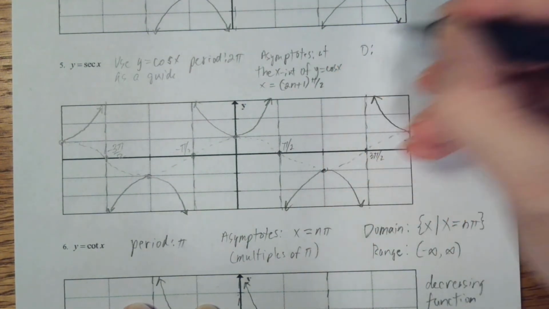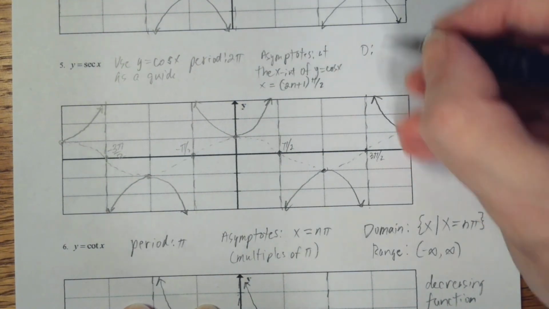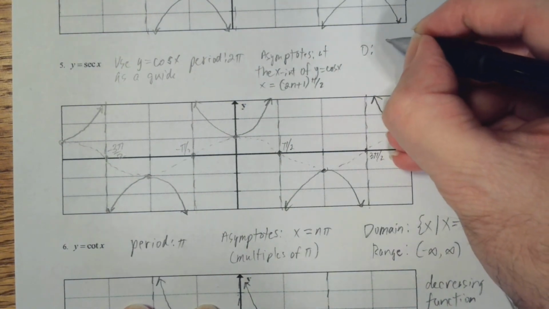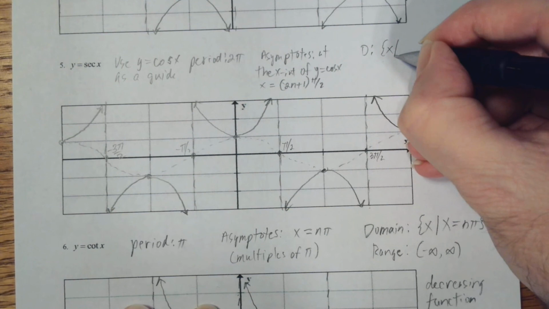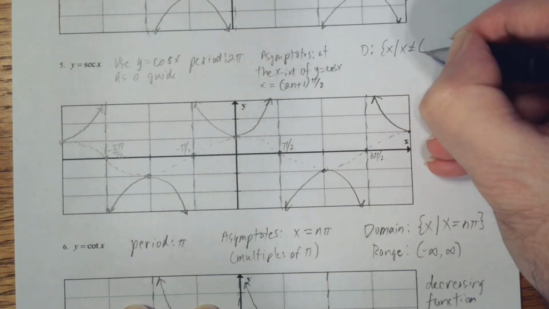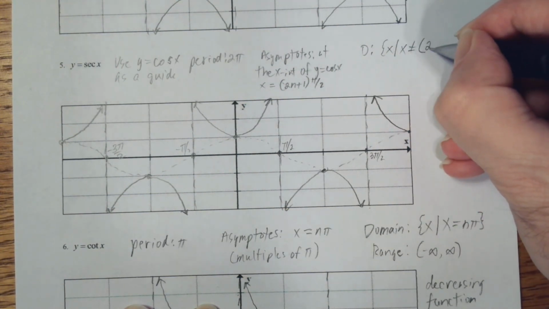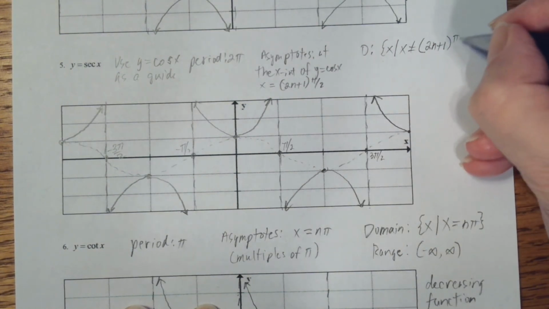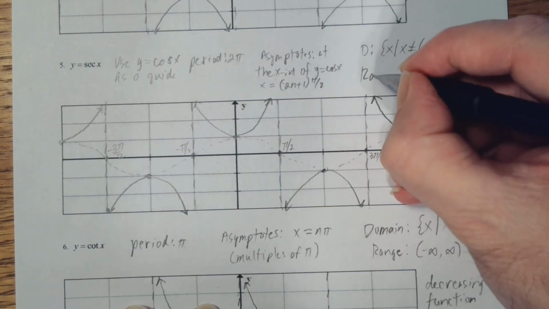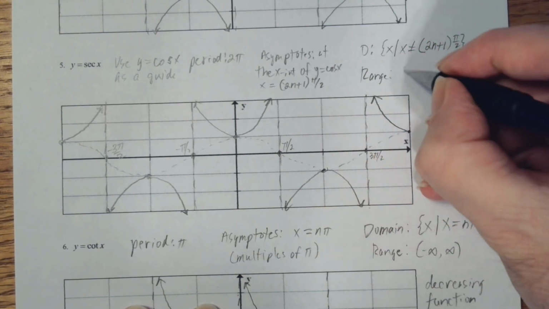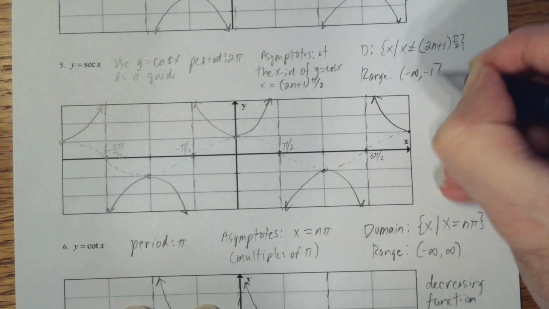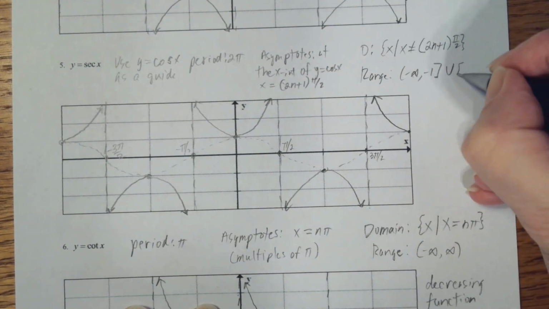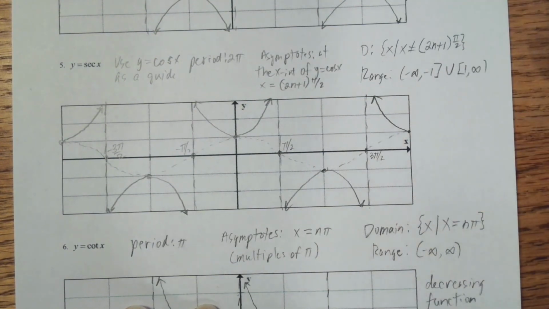Our domain is going to be the same as it was for cosecant. All values of x such that x does not equal, in this case though, the odd multiples of pi over 2. And our range is exactly the same, negative infinity to negative 1, and then 1 to infinity.